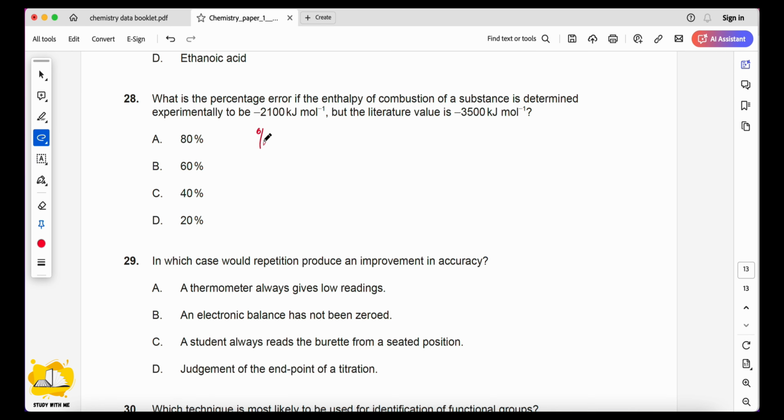To calculate the percentage error, you need the absolute value of the experimental value minus the accepted value, divided by the accepted value as well. So 2100 minus 3500, divided by 3500, times 100, you will get 40%.